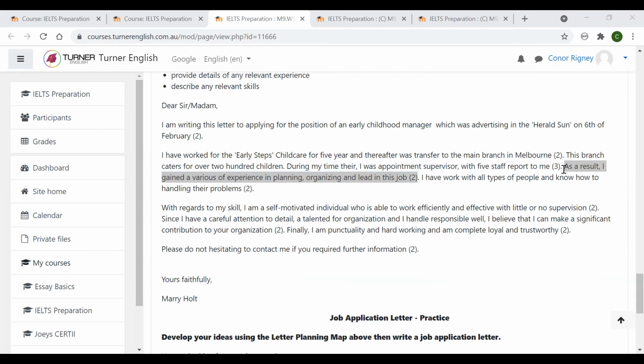As a result, I gained various experience in planning, organizing, and leading in this job. Okay. So you're right, there's a problem with various. I don't think it's a various experience.